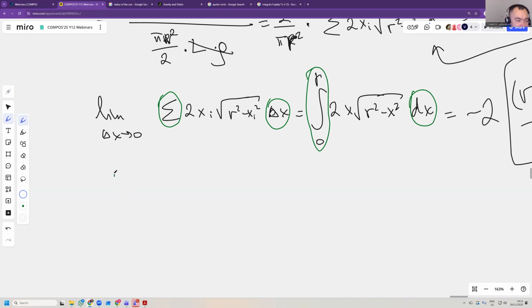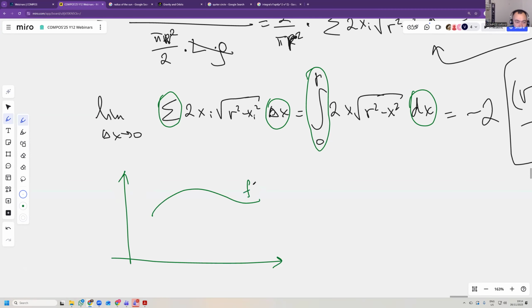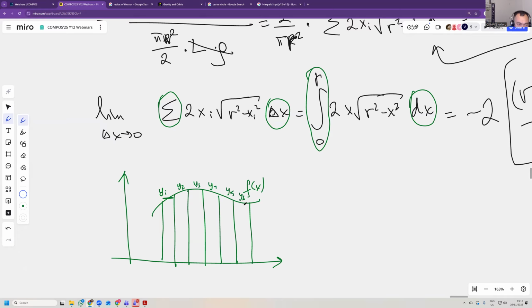If you think about it, if you have a function f of x and you have these strips, and every strip has height y1, y2, y3, y4, y5, y6.